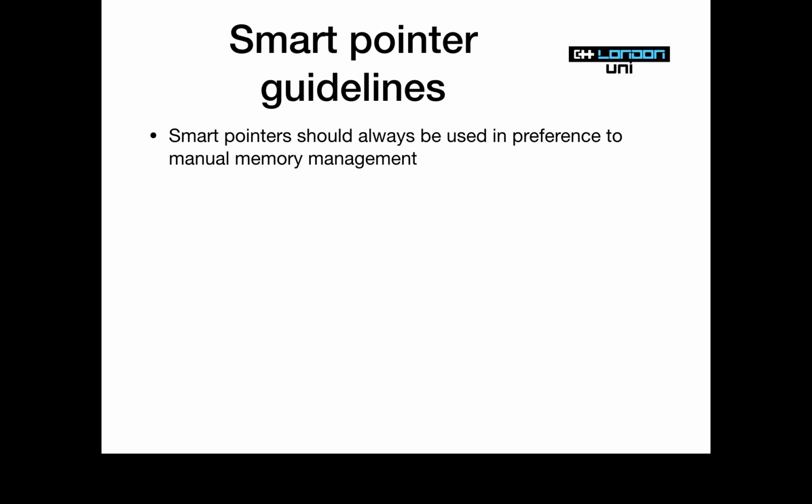So, some guidelines for smart pointers. Smart pointers should always be used in preference to manual memory management. There is almost no reason ever to use new and delete in new code that you write today. If you look at old C++98 code, it is filled to the guts with new and delete. New code you write today, there is never, asterisk, a need to use new and delete. The asterisk here is that there are some old libraries, and in particular Qt, if you've heard of it.